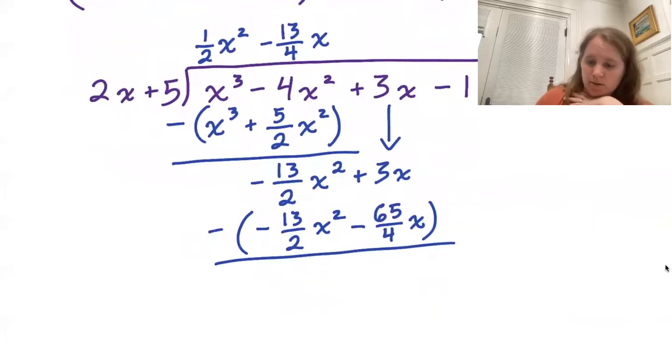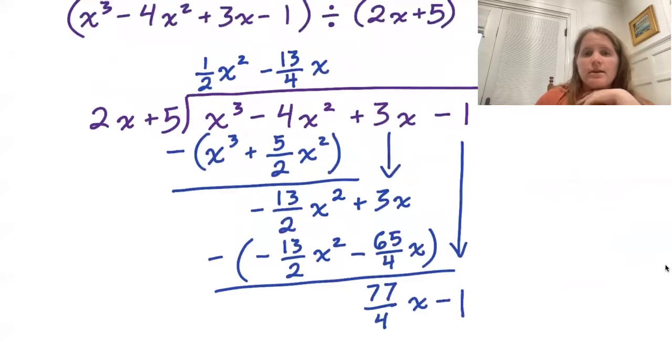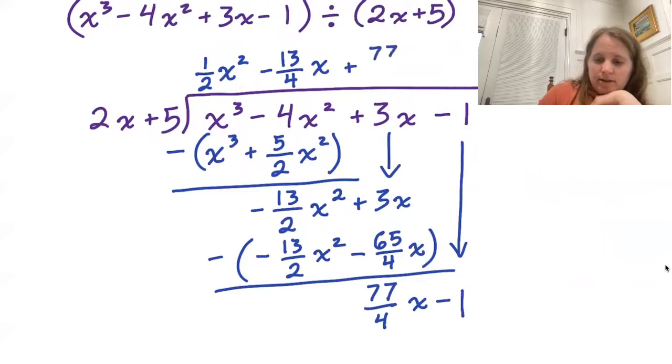We'll go up to 77/4 x. Pull down our minus 1. 77/4 x divided by 2x will be a plus 77/8.